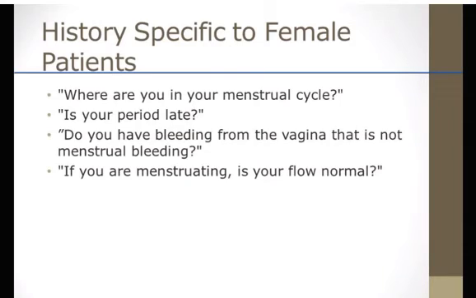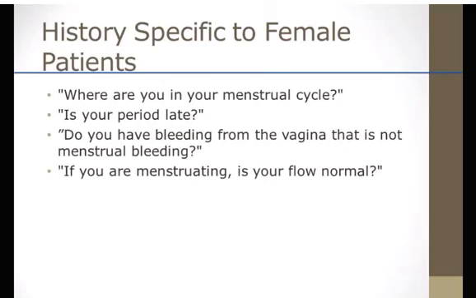Because there's a chance this could be an ectopic pregnancy or a tubal pregnancy where the fertilized egg, let me back this up. The egg has gotten fertilized in the fallopian tubes and attached itself to the wall of the fallopian tubes. It causes a great amount of very sharp abdominal pain.